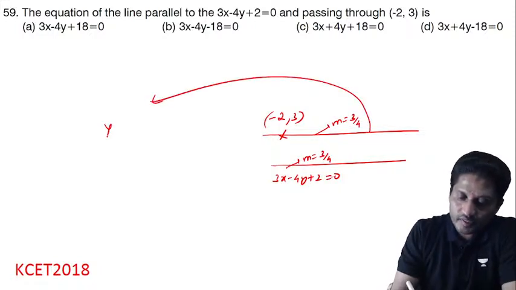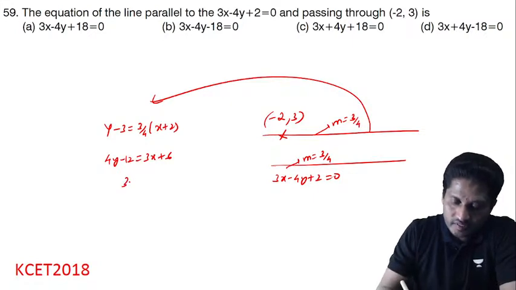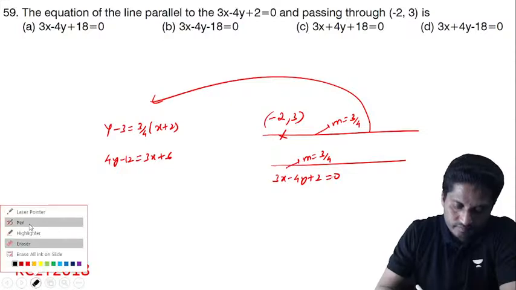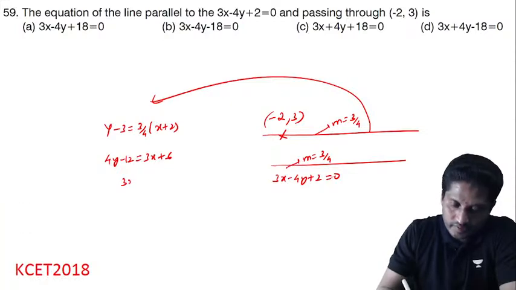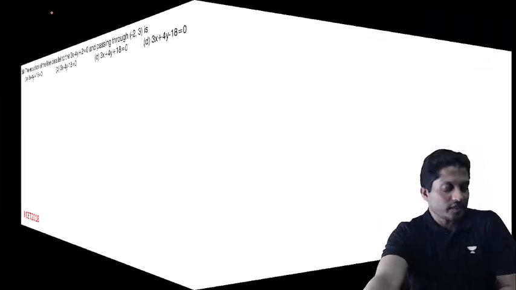Equation of the line is y minus y1 equal to 3 by 4 into x minus x1. Now if I cross multiply, 4y minus 12 equal to 3x plus 6, that is you get 3x minus 4y plus 18 is equal to 0. Right, answer is option A. Let's move to the next question.